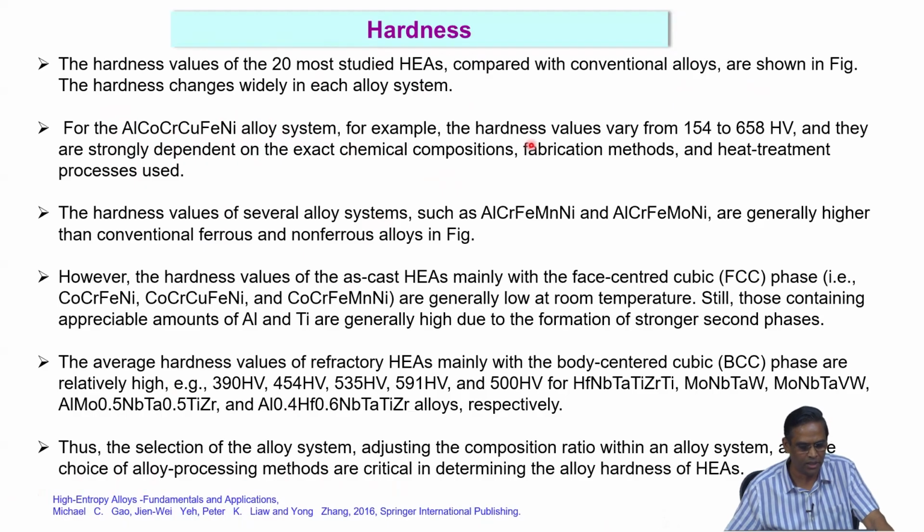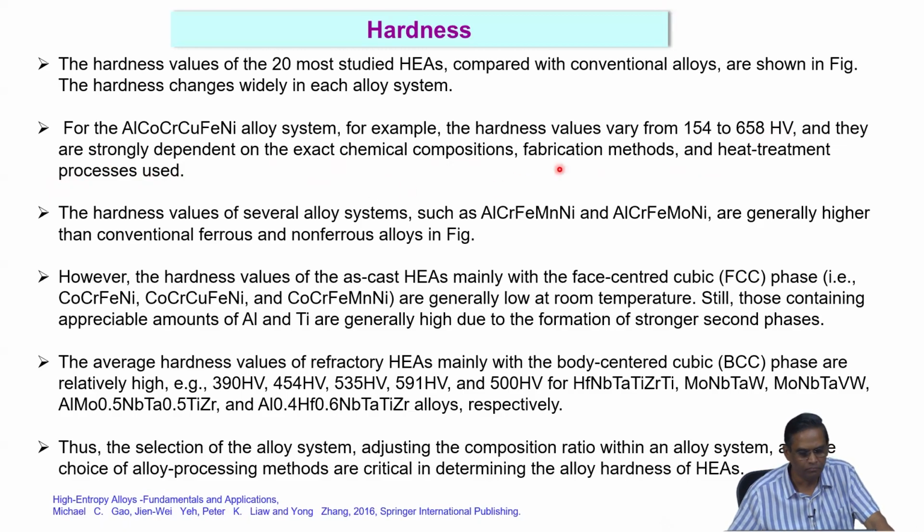So this kind of alloy has been widely studied. The hardness values vary from 154 to 658 HV, and they are strongly dependent on the exact chemical composition, fabrication methods, and heat treatment processes used.